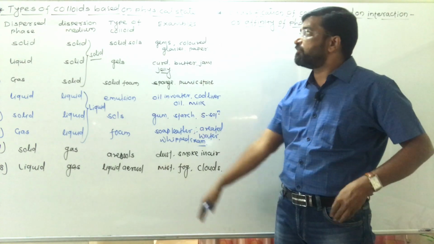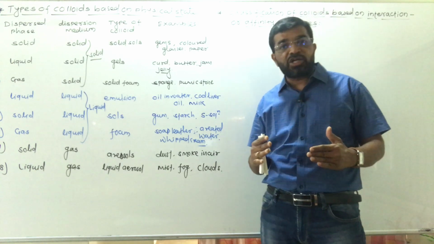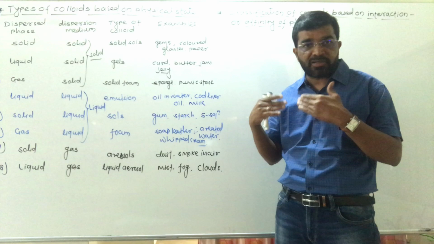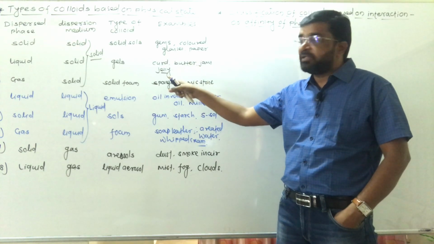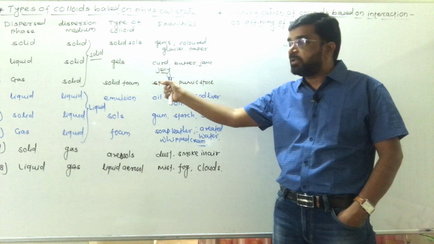This is the classification of colloidal solutions based on the physical state of the dispersed phase and the physical state of the dispersion medium: solid in solid, liquid in solid, gas in solid. These three solutions look like solids.